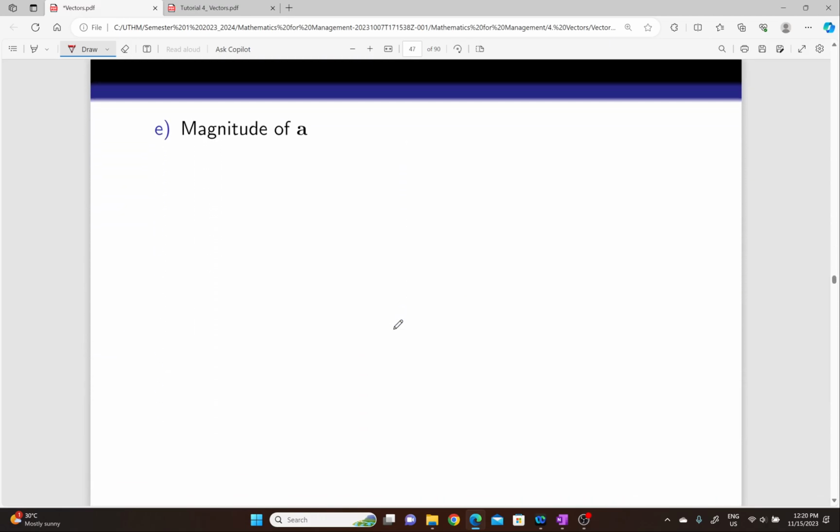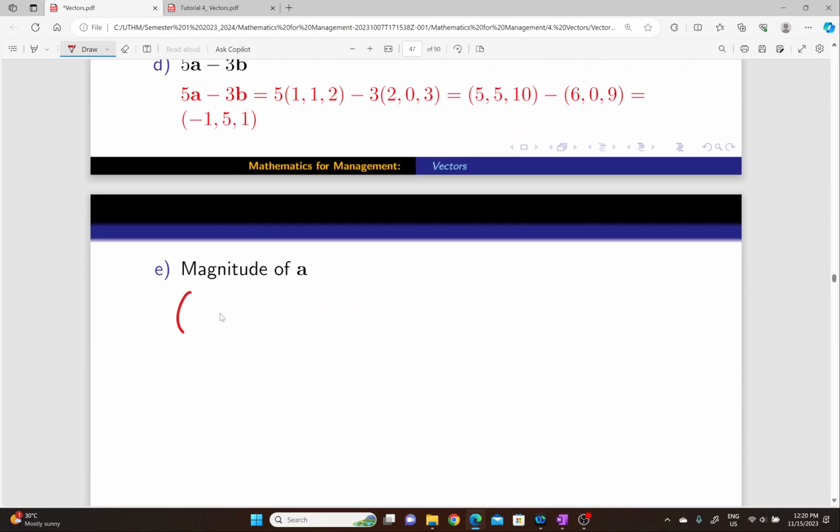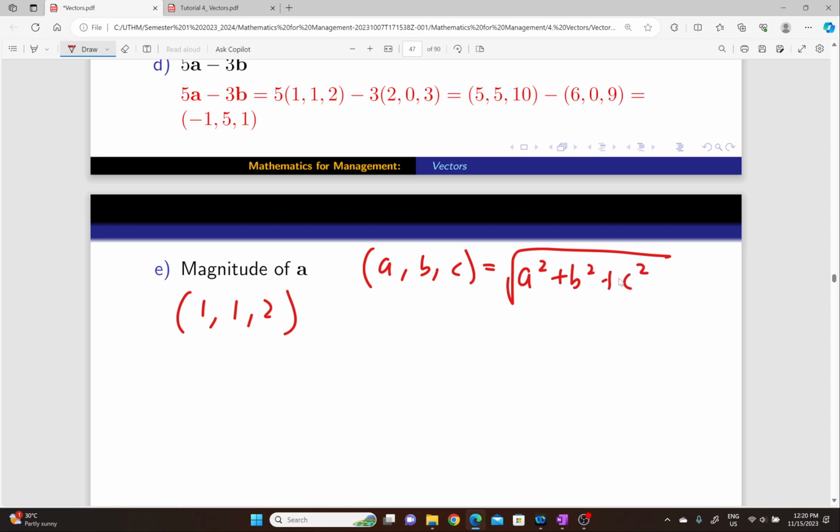So plus and minus are basically quite easy. Now the magnitude of A. Just now our A is 1, 1, 2. For any vector, let's say A, B, C, the formula for the magnitude is A squared plus B squared plus C squared, and square root.